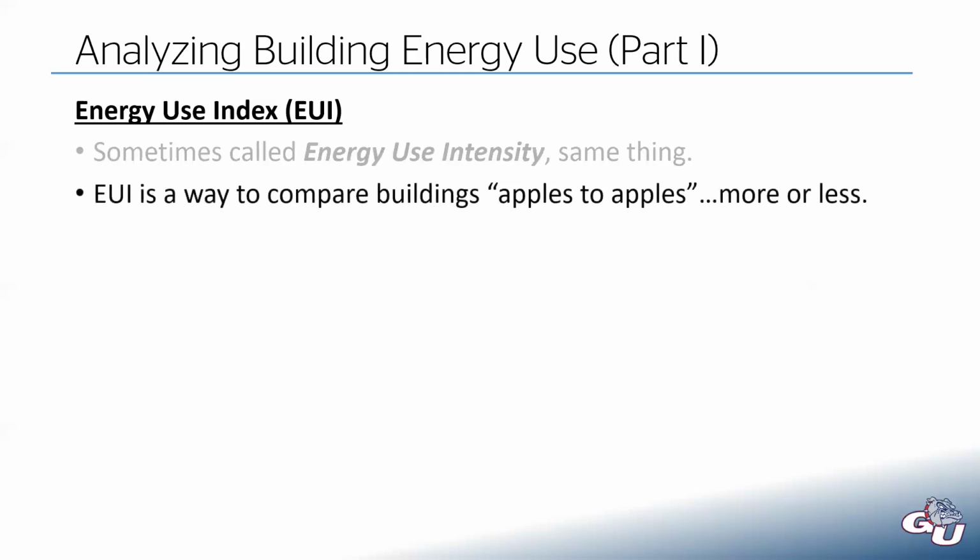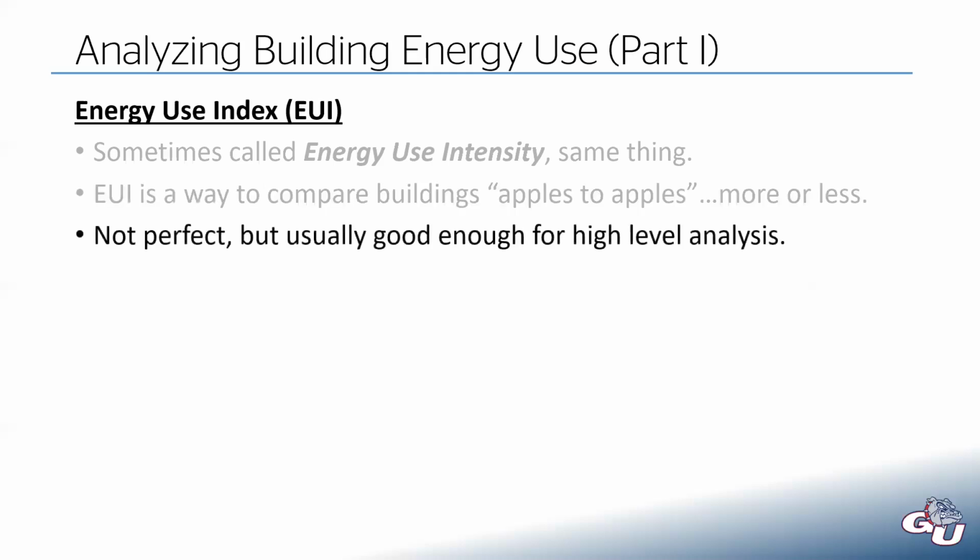The reason EUI is very useful is this allows us to compare buildings apples to apples, more or less. It's not an exact science, but it does give us at least one potential way to compare one building to another. So it's not perfect. Usually it's good enough, especially when you're at this stage of the audit and you're trying to do things quickly and not spend a bunch of time for a project that may not happen.